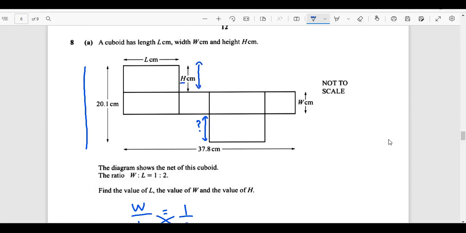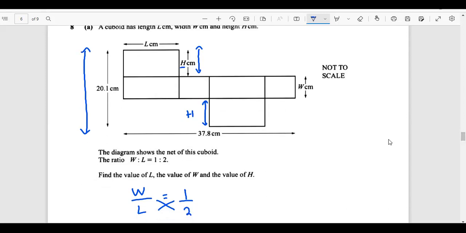And since this length is H, this is also going to be H. So I can write it down as H. And now I know, since all of this is 20.1, what exactly is 20.1? 20.1 is equal to H plus the width, that is W. Since this is the width, this would also be the width plus H, and this would give me 20.1 equals 2H plus W. So this is the second equation.